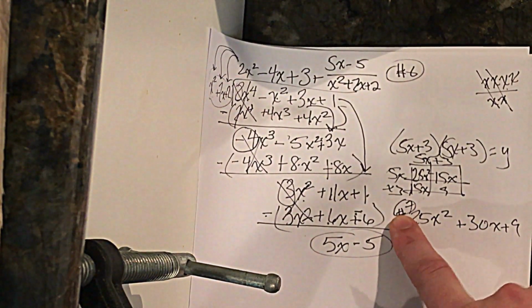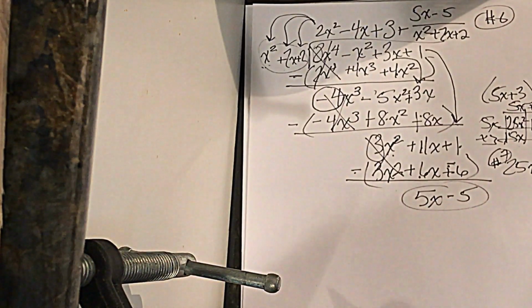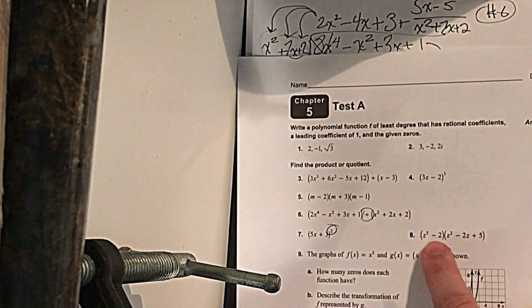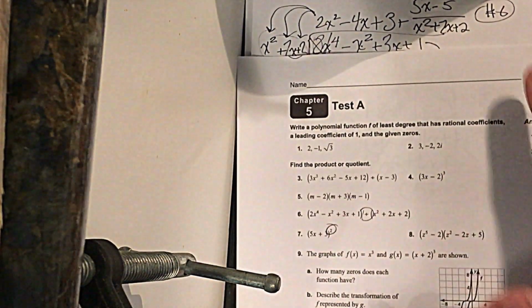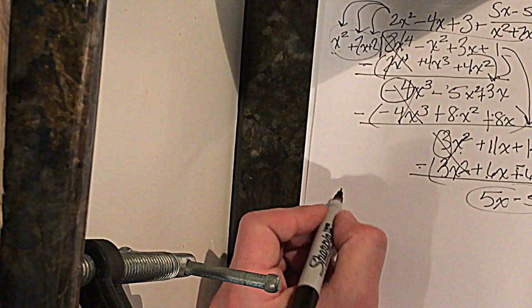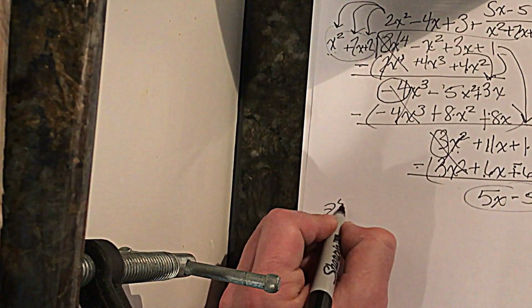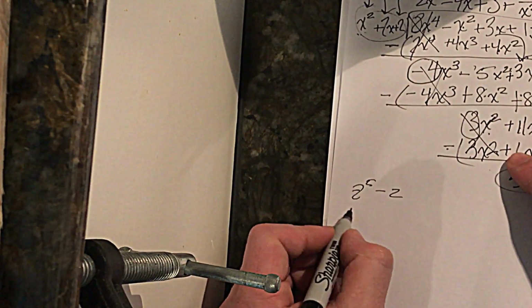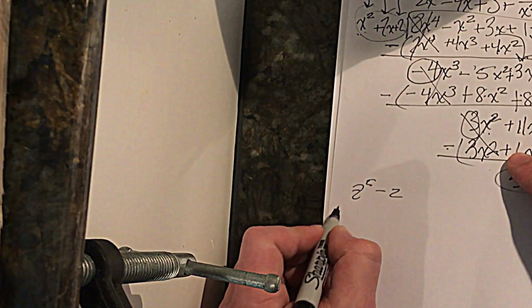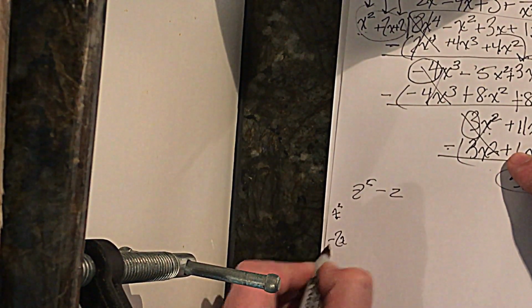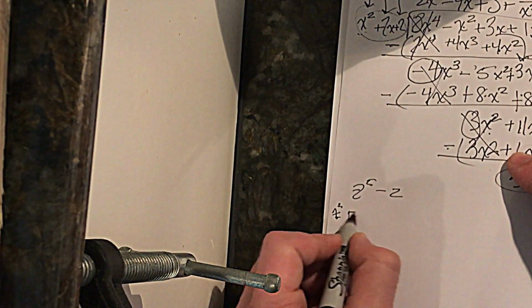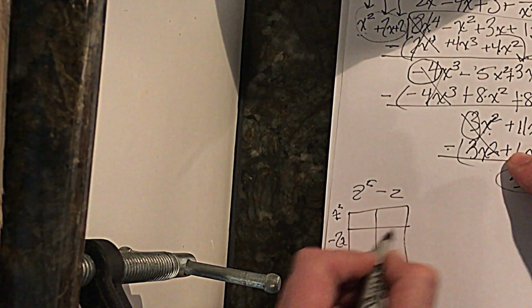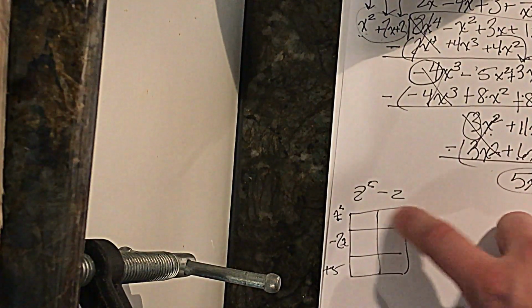Okay. Let's move on to number 8, which is asking us to multiply the z variables. So we're going to have z to the 5th minus 2, and then we'll multiply that by z squared minus 2z plus 5. Okay.